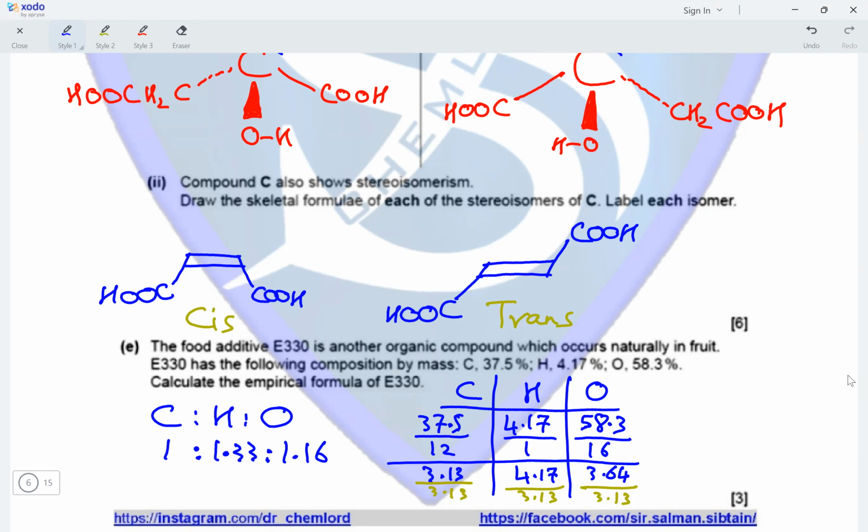So in order to convert them into whole numbers, we would multiply these ratios by 6, which results in the number of carbon atoms being 6, the number of hydrogen atoms being 8, and the number of oxygen atoms being 7. Therefore, the empirical formula of this compound is C6H8O7.